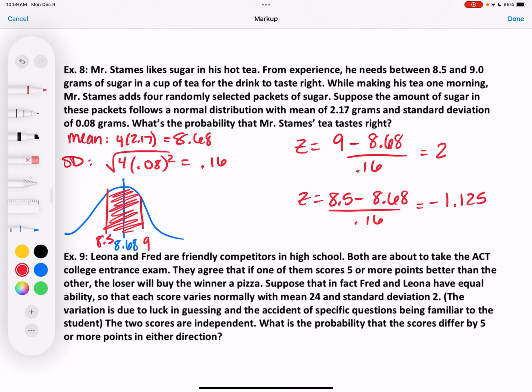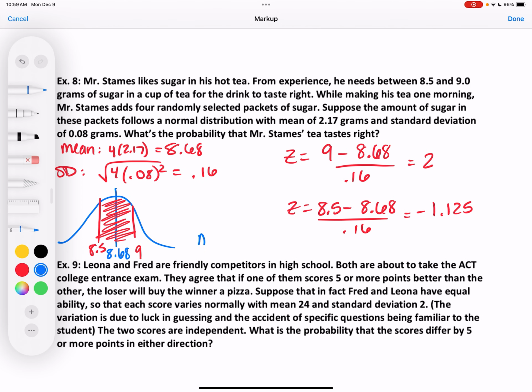So now, just like the last problem, I need the normal CDF, but instead of the lower being negative 1E99 or the upper being that, because I'm in this intermediate range, I want the lower to be this one and the upper to be this one. So we're going to have normal CDF of negative 1.125, 2, 0, and 1.